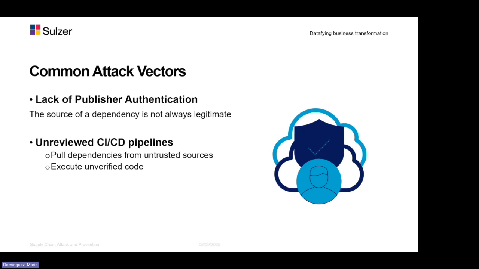And to finish these examples, the last one will be unreviewed CI/CD pipelines. Many organizations use continuous integration and continuous deployment pipelines to fetch, build, and test. But sometimes these pipelines aren't properly secured. So without realizing, we can pull dependencies from untrusted sources or execute unverified code.